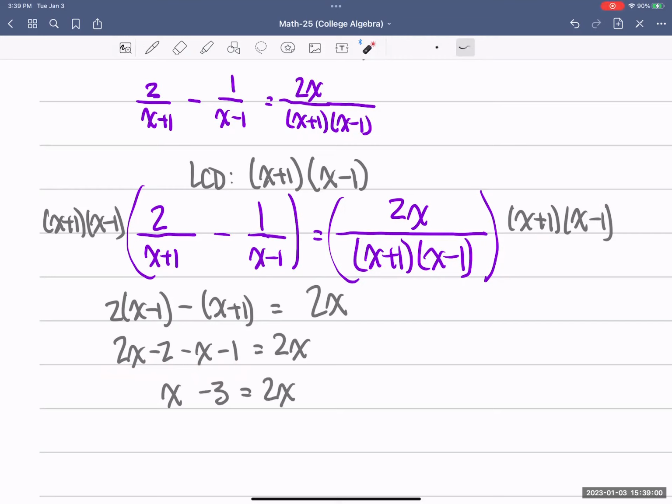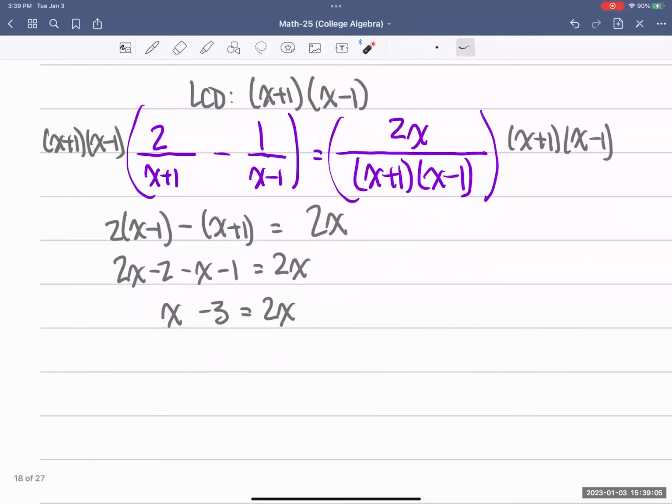So because the left side has a lot of stuff going on, we're going to make our right side our variable side. So we're going to move this x on over here. It's being held with that 3 with addition, so we're going to subtract x from both sides. -3 is equal to x. Or you could think of it as x is equal to -3.